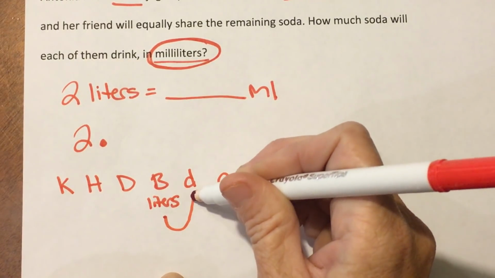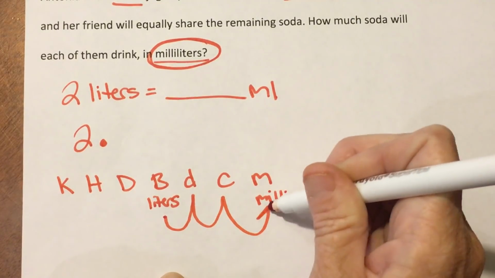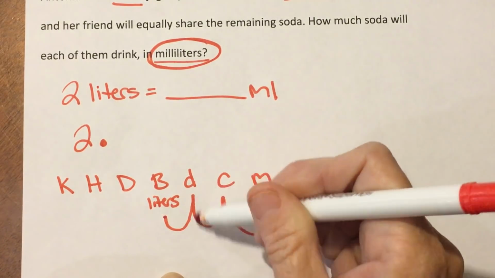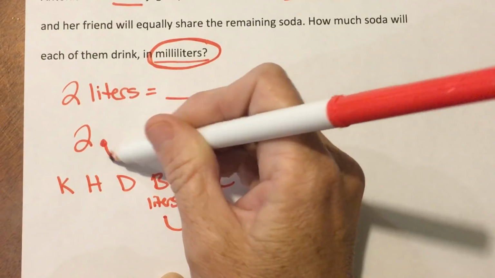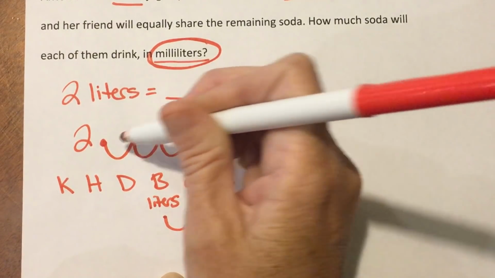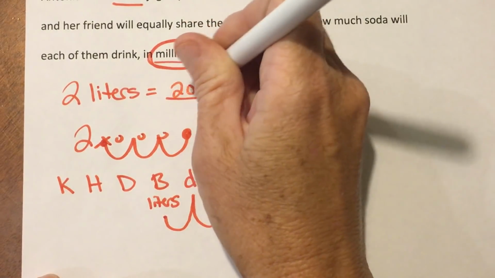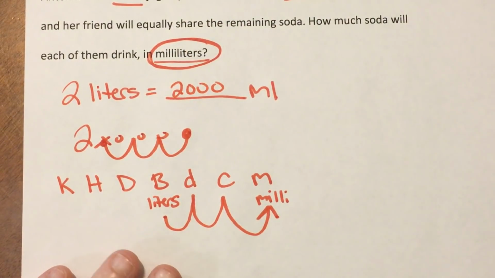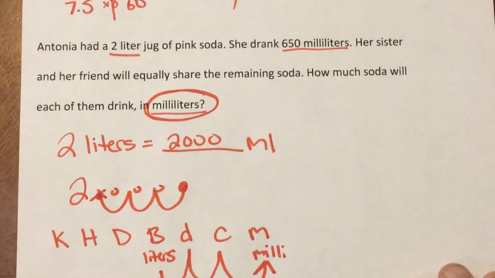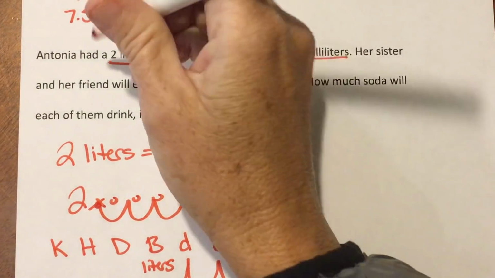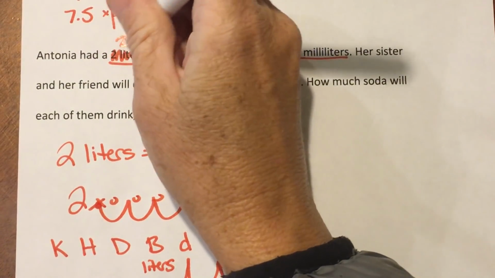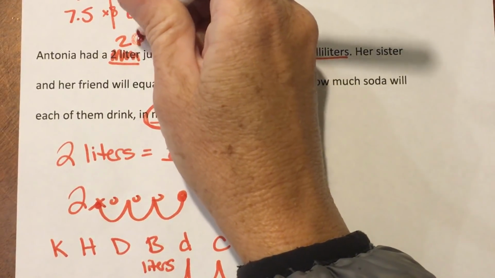So I'm going to deci, to centi, to milli. So I went 1, 2, 3 to the right, 1, 2, 3 to the right, which means 2 liters is the same as 2,000 milliliters. Okay, so let's come up here and we're going to actually change it in our problem.